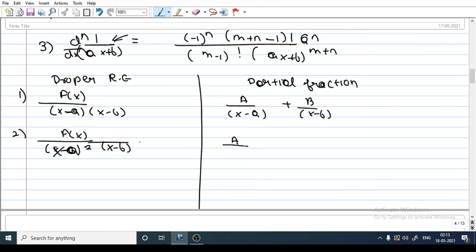is equal to A upon x minus a plus B upon (x minus a) the whole square plus C upon x minus b.